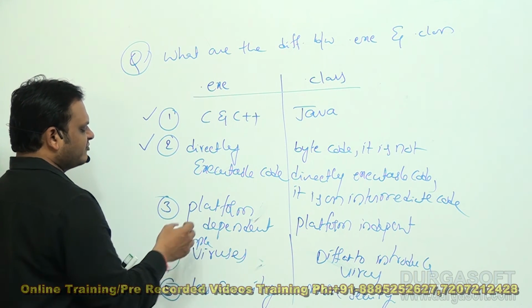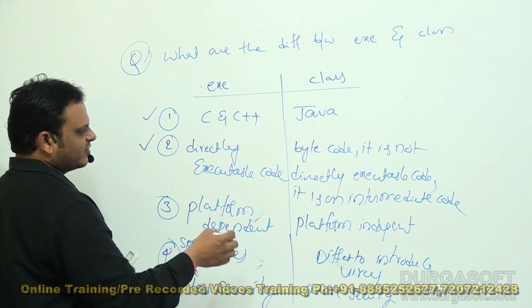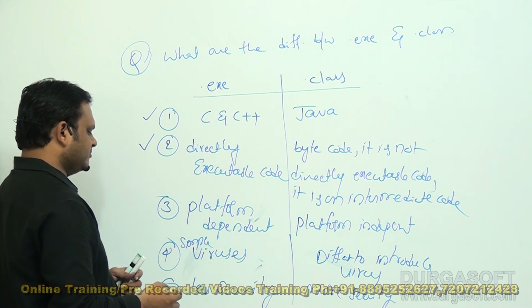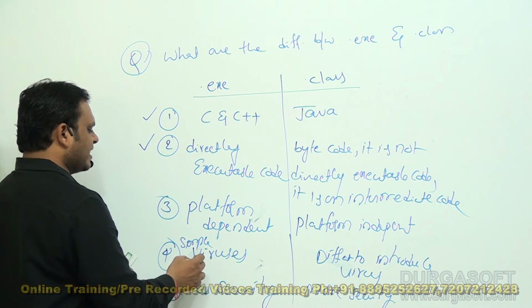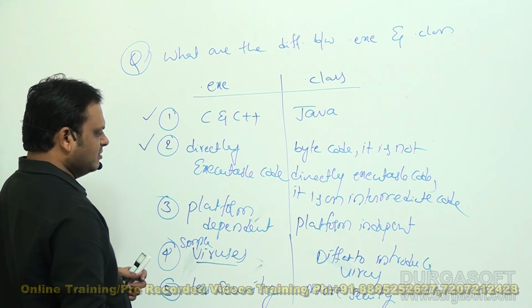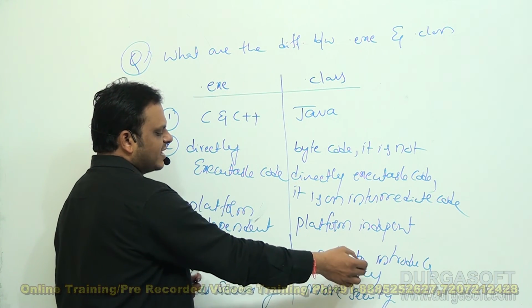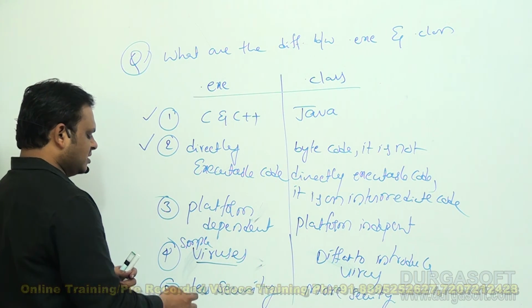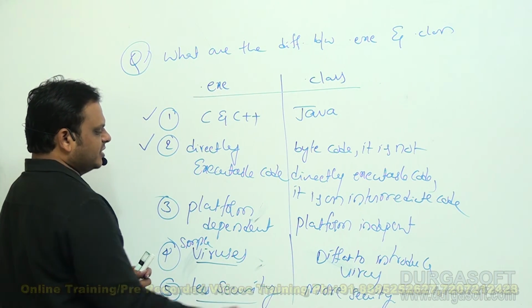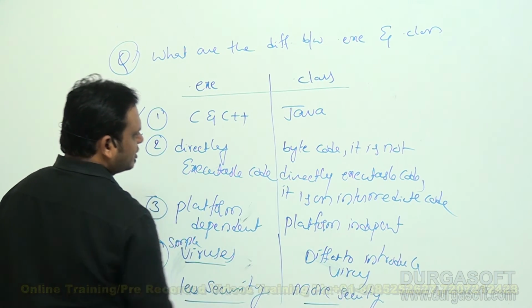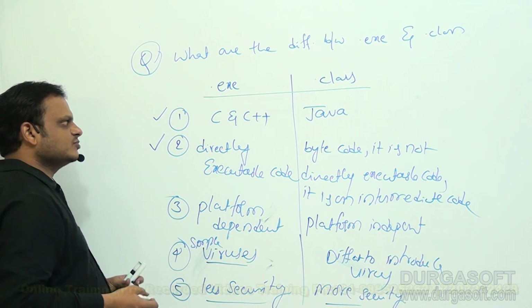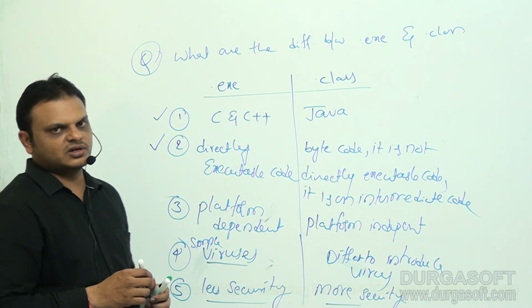The .exe file is a platform dependent file, but a .class file is a platform independent file. It is very simple to introduce viruses inside the .exe file, but very difficult to introduce viruses in a .class file. The .exe file provides less security, the .class file provides more security. So these are the differences between .exe and .class clearly.